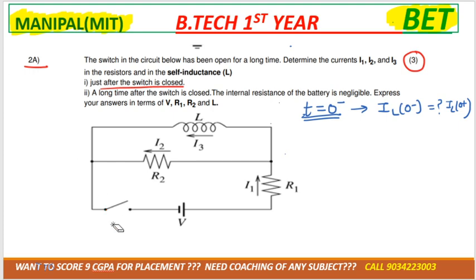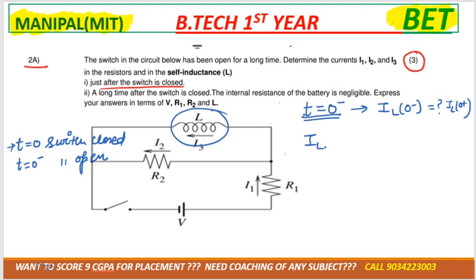As you can see, what they have said is that at t equals 0, the switch is closed, right? So before t equals 0 minus, the switch should be open, yes or no? At t equals 0 the switch is closed, so just before that, what will it be? Open. And if it's an open circuit, the current through the inductor should be 0 because there is no source of supply.